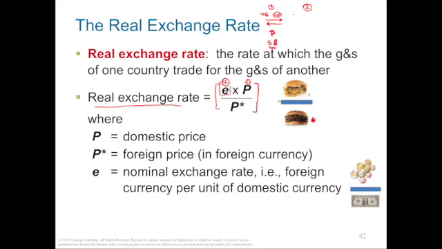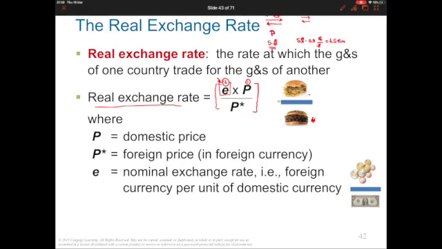At what rate? The nominal exchange rate, E, the exchange rate that we have seen in the previous slides. We give away our $5 and we get in exchange how many euros? Well, it is given by $5 times 0.9 euros per dollar, which is in total 4.5 euros.